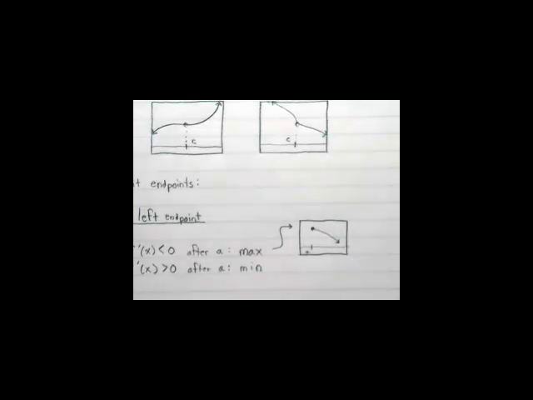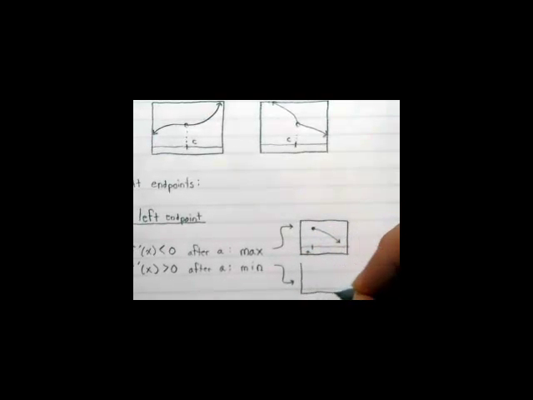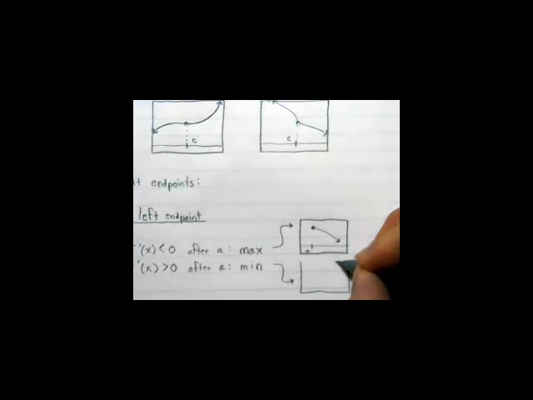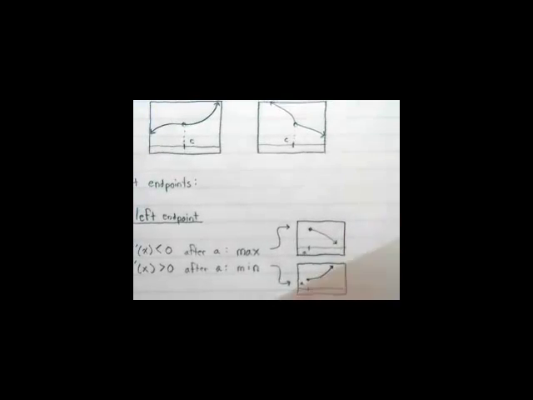Do you see how that point has to be a maximum then? Right? And then similarly, if the derivative is positive after that initial endpoint, so it starts going up, then a has to be a minimum. Okay? And the right endpoint does kind of the same thing. Okay? It's just on the other side.